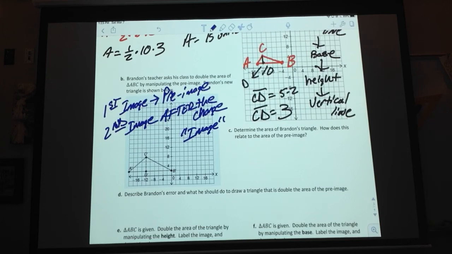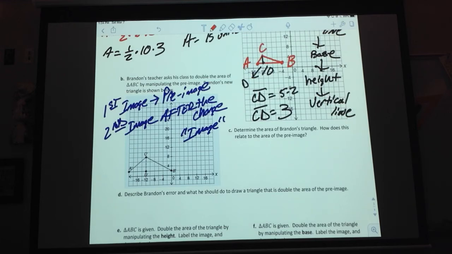So we'll talk about pre-image and image. What I start with is the pre. When I make my change, my transformation, my translation, my dilation, whatever I'm going to do to it, that is now called the image. So you can see the manipulation on this one. And what happened? Well, it looks like it got bigger.